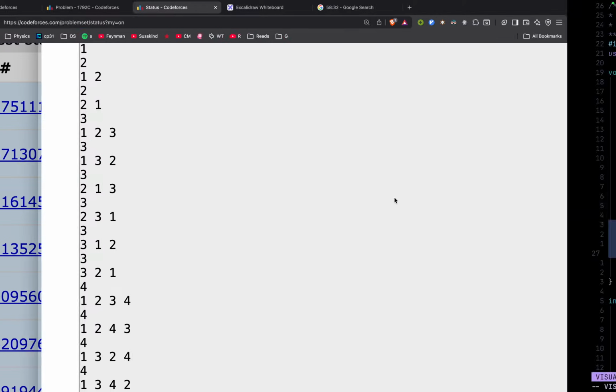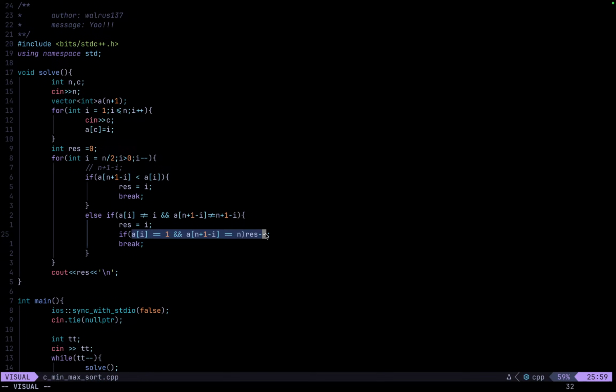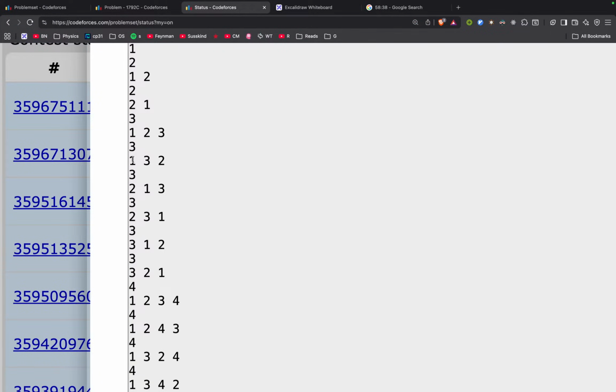These are at the ends for which we are checking here. If these two are at the ends, we'll do res minus 1. Res became equal to 1 because of this, because i is equal to 1. But here we have to choose 1 and 3. 3 is not at the right place.